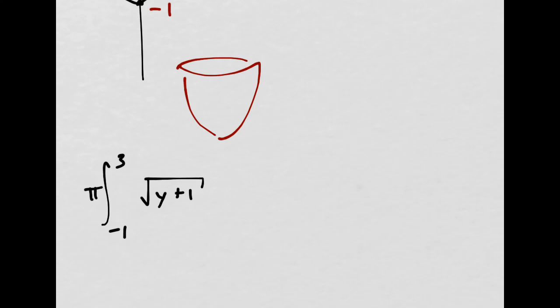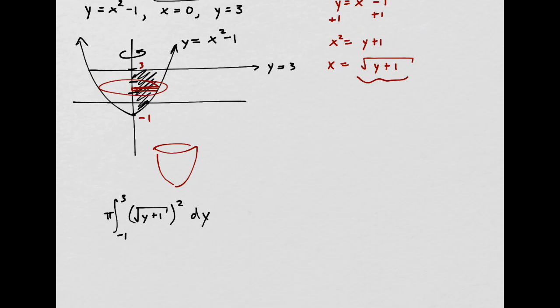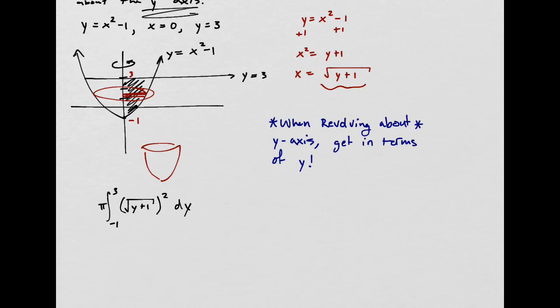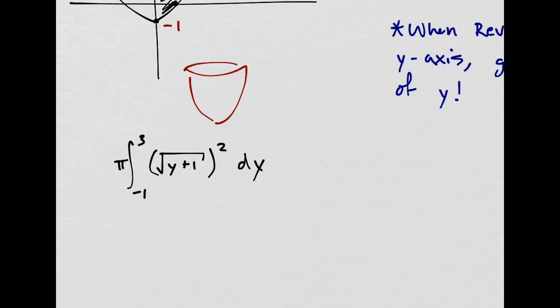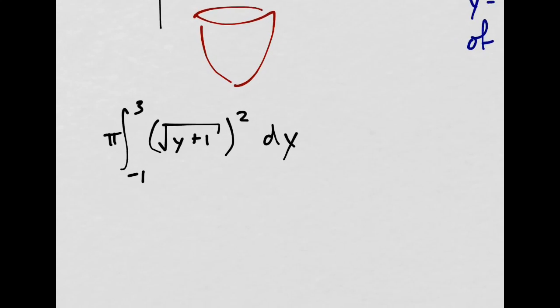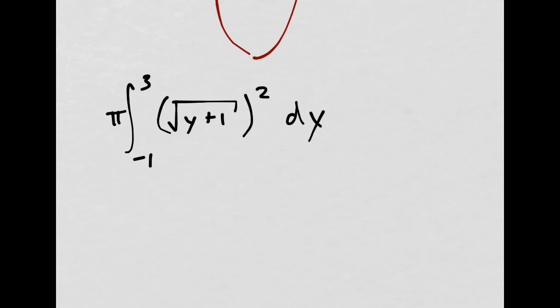I have to solve it in terms of y, and I have to square it as well, because I'm revolving around the y-axis, so that's important. So when revolving about the y-axis, get in terms of y. That makes it super easy. Easy peasy, lemon squeezy. It's from -1 to 3 of y plus 1 dy.